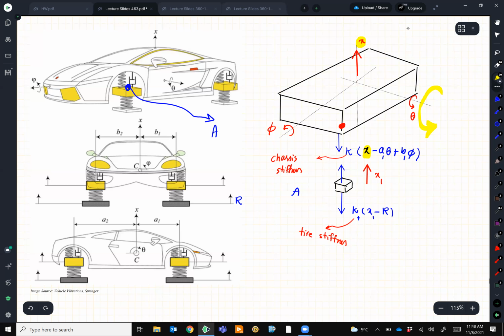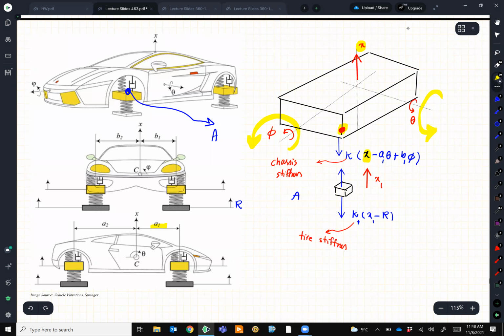My distance here is A1, so it's going to be A theta. So that's why it is minus A1 theta. What about B, like this pitch angle, phi? This phi rotates that way, moves that point up. And that's why I have a positive term here.